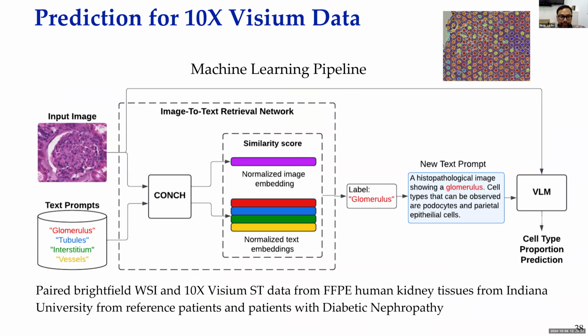That being said, I have a very junior student who took the challenge of predicting this information for spatial data, where histology has high resolution but spatial data is not so high resolution. At the same time, spatial data provides deep data. That is 10x Visium technology.